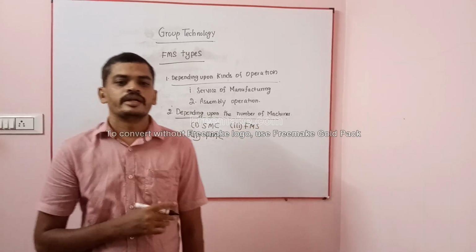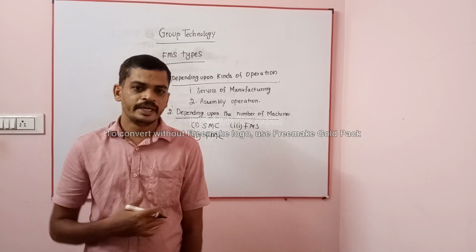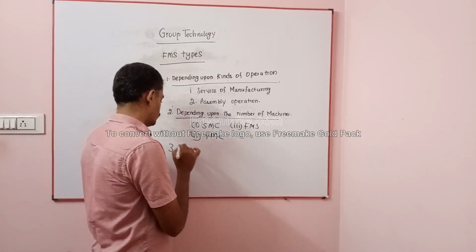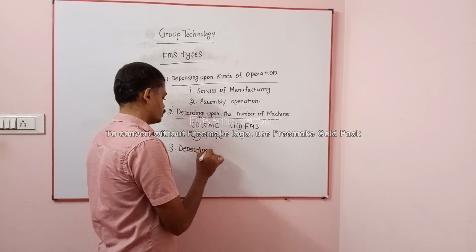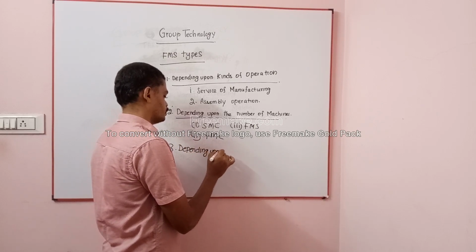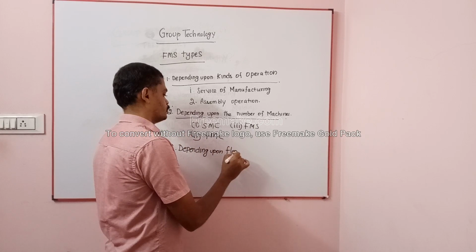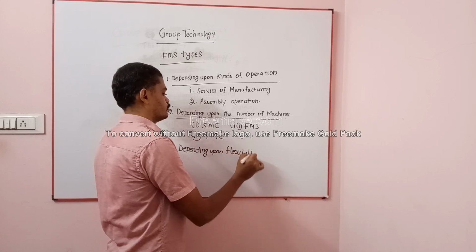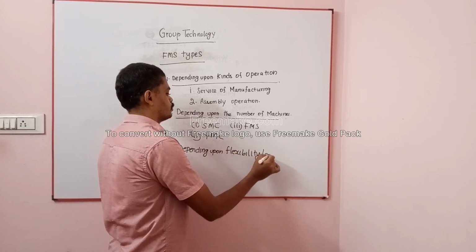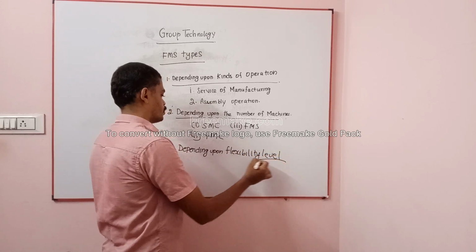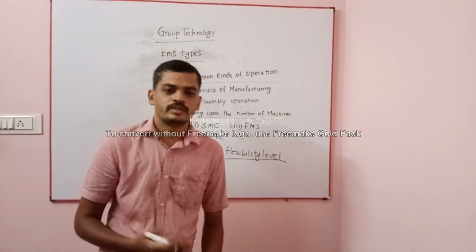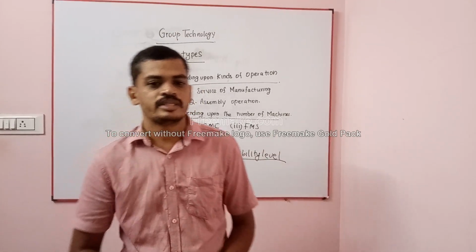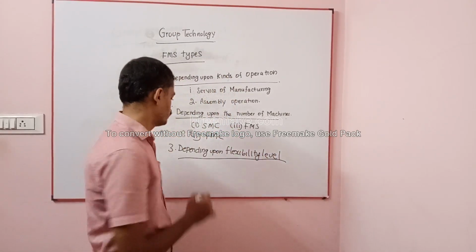Third one is depending upon flexibility level. It has two types. First one is a dedicated FMS, second one is a random order FMS.